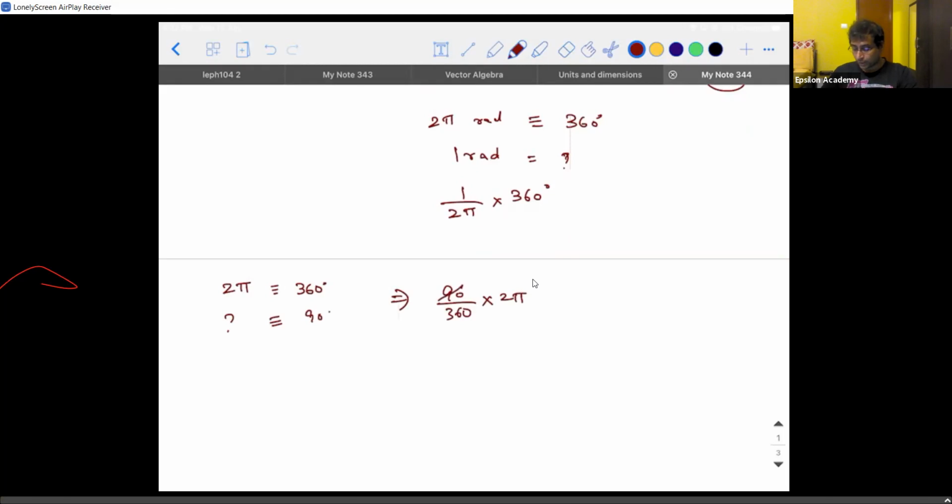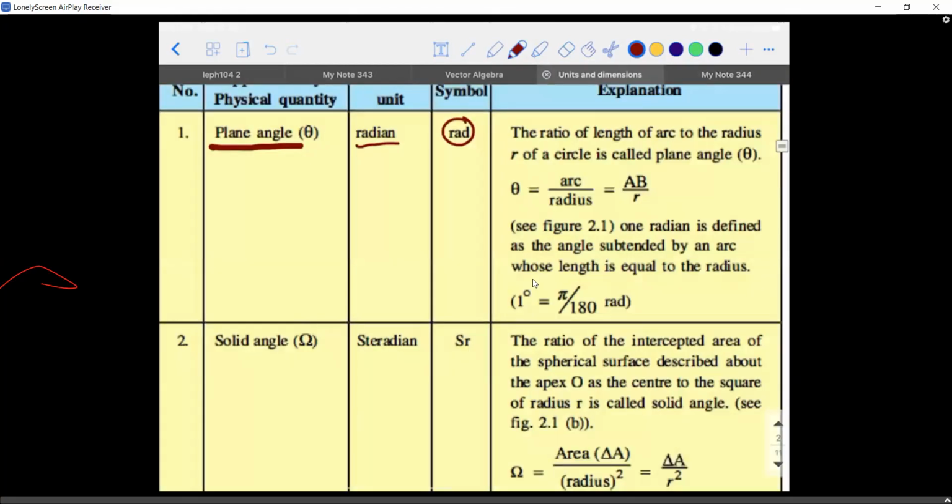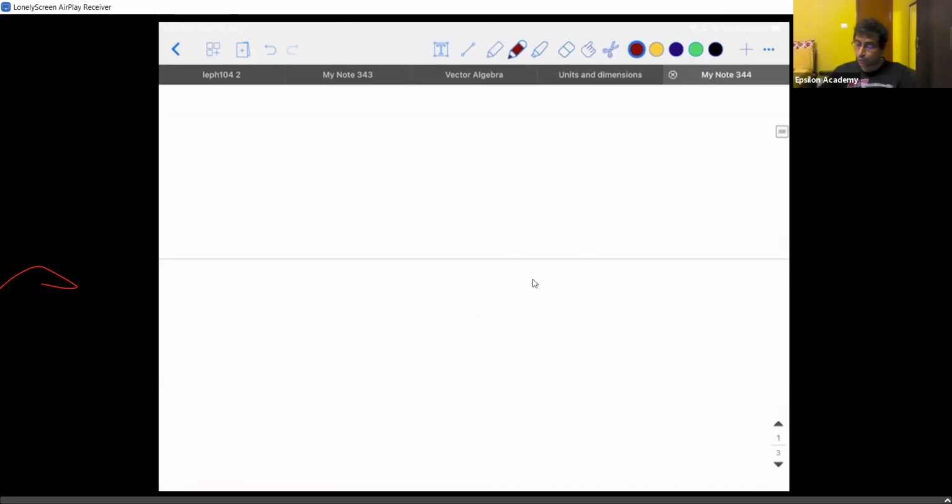Unitary method, guys. That will be pi by 2. Now, did you understand why that pi by 2 actually came? If you guys know it before itself, fine. If not, I hope you would have understood by now. So 90 degrees is equivalent to pi by 2 radians, guys. Next. I hope everybody made a note.